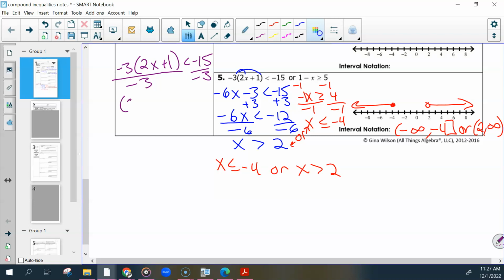And that would just give us, we don't need the parentheses, 2x plus 1. But because we divided both sides by that negative, the sign does still change.